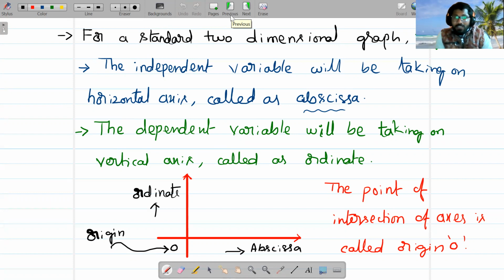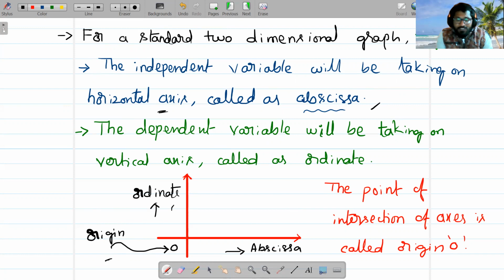In general, we usually draw a standard two-dimensional graph by taking two axes, the Cartesian coordinate axes. As shown in the figure, the independent variable is taken on the horizontal axis, which we call the abscissa, and the dependent variable is taken on the vertical axis, which we call the ordinate.